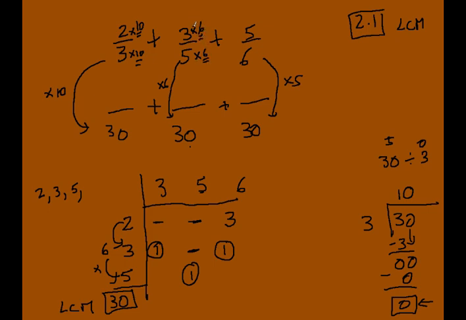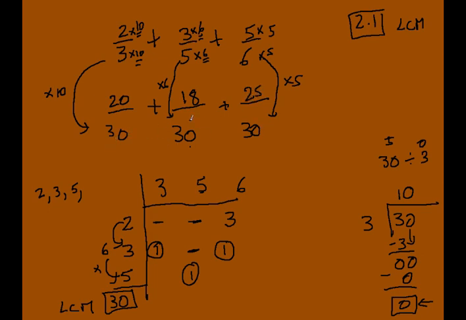Whatever I do on the bottom, I do it to the top. So 3 times 10 is 30, 2 times 10 is 20, 5 times 6 is 30, and 3 times 6 is 18. 6 times 5 is 30, and 5 times 5 is 25.